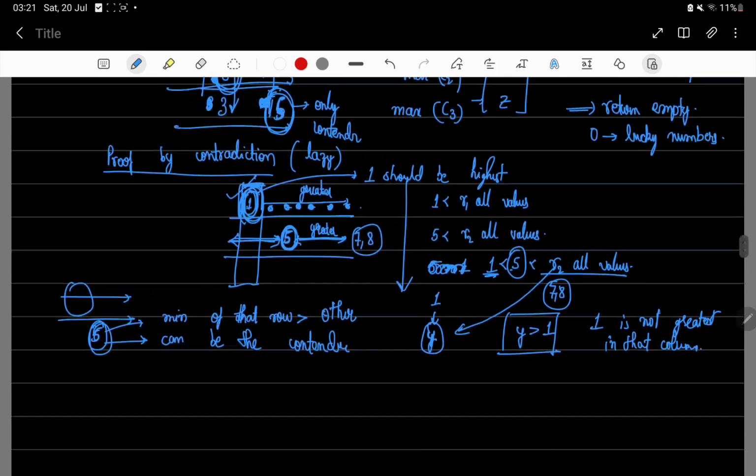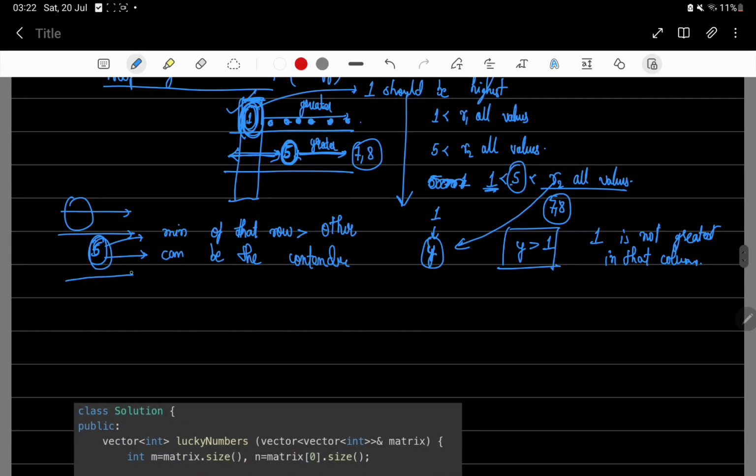We are not telling that this has to be the lucky number. No, we are not telling that, we are not considering that. We are just saying it is a contender right now. Now what I need to check, similarly, that in all the columns I find out the maximum.